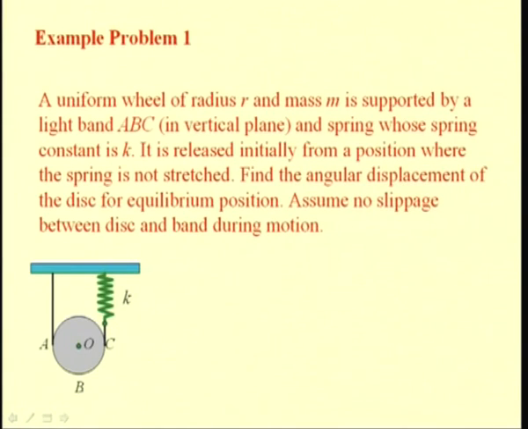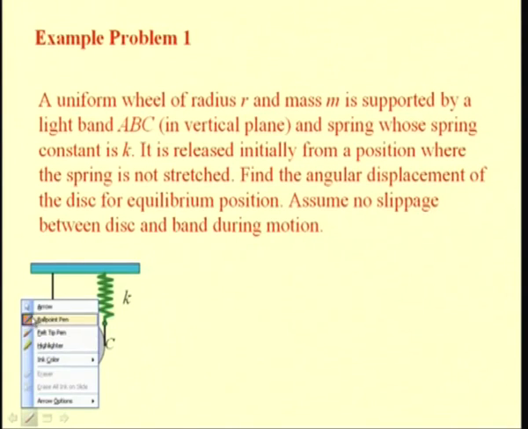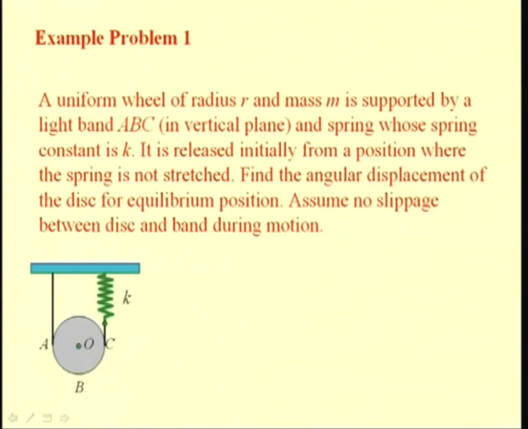Let us take one example problem. Here you see a uniform wheel of radius r, which has a mass m, supported by a light band ABC.